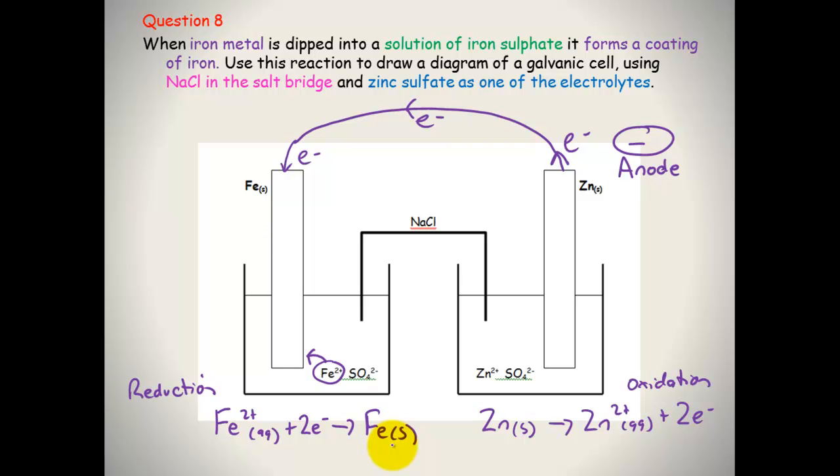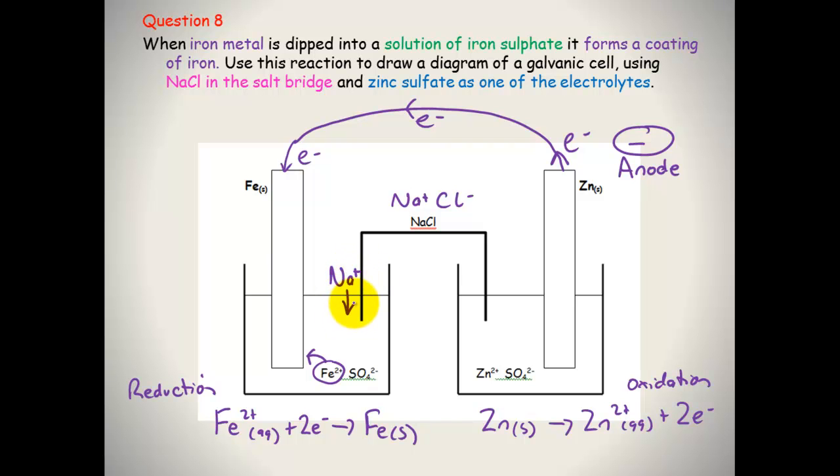So we've got sodium chloride, so we've got Na+ and Cl-. I always think the easiest way to look at it is to see where the positives are moving. This is being depleted of positives, so positives need to be replaced.